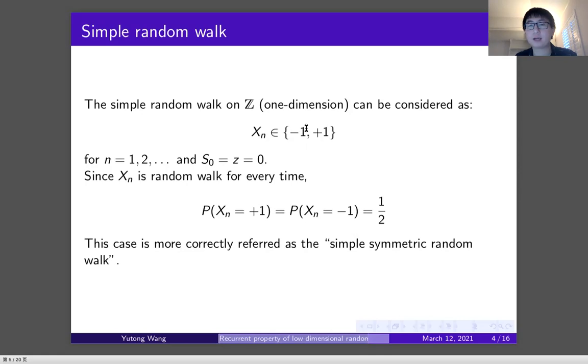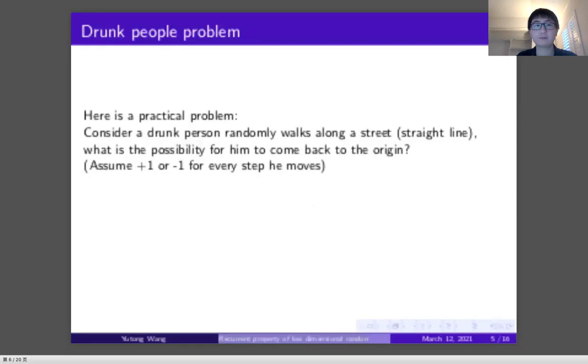So it can be written as -1 or +1. For a simple symmetric random walk, which is the point we need to focus on in today's presentation, it has the same probability for each choice. So for one dimension, you can see for each X_n, it has the same probability, which is 1/2.